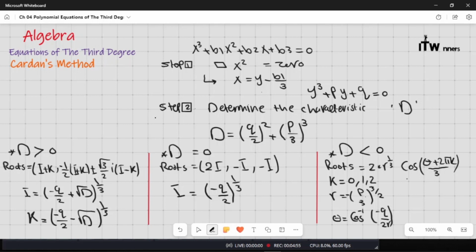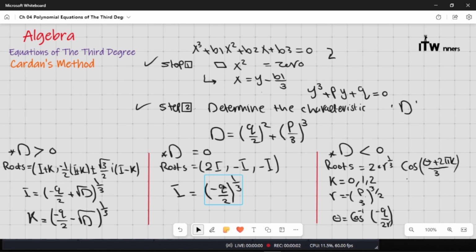We obtain the three roots of this equation simply in two steps. Step 1 is to make the coefficient of x squared equal to 0 by putting x equal to y minus p1 by 3, obtaining this equation. Then we determine the characteristic, which equals the square of half of q plus (p by 3) cubed.